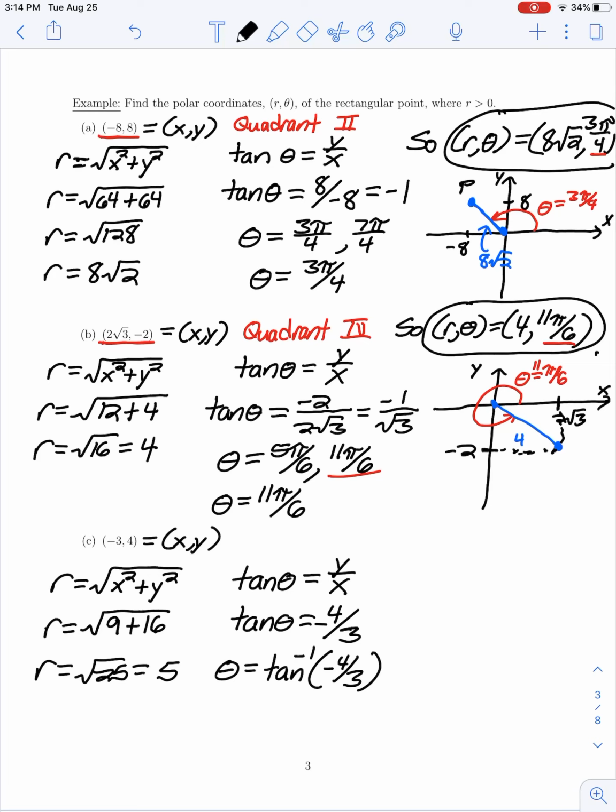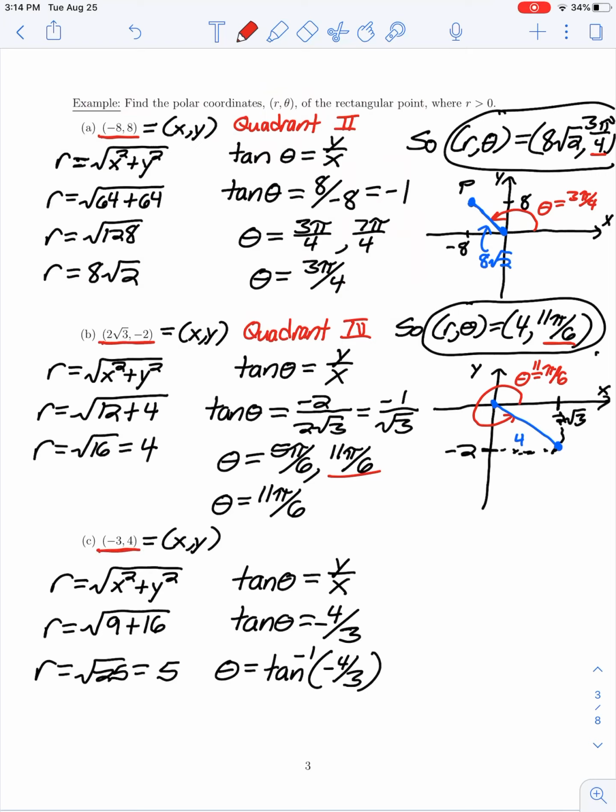So something that I want to illustrate in this example is something that's a little tricky when you're using the arctangent function that you want to be careful of. So we're not quite done. We can't just say that theta is equal to this value because this angle may not give us a point in the correct quadrant. So let's think about what quadrant we want to be in.